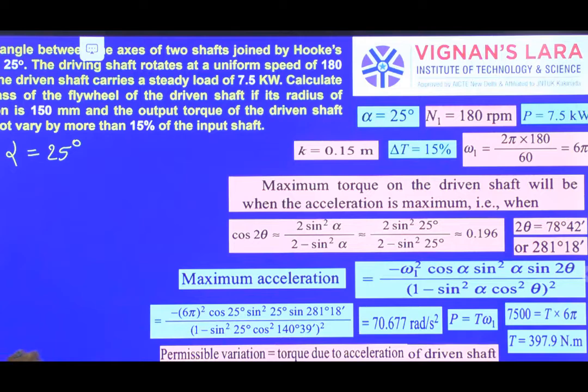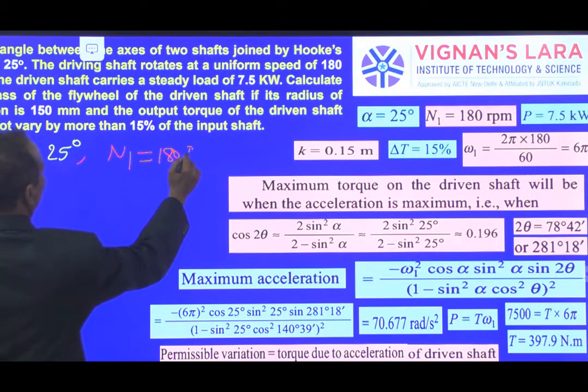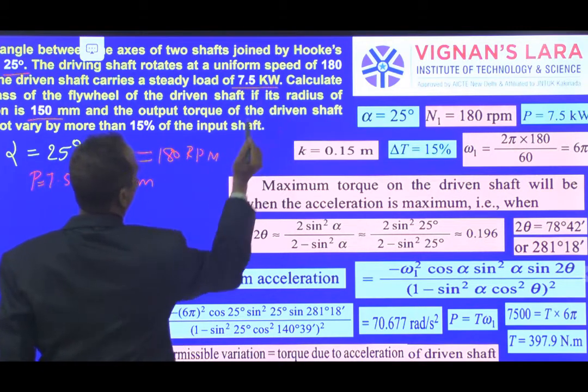The driving shaft rotates at a uniform speed of 180 rpm. The driven shaft carries a load of 7.5 kilowatts. Power is 7.5 kilowatts. Calculate the mass of the flywheel of the driven shaft if its radius of gyration is 150 mm. That is K.